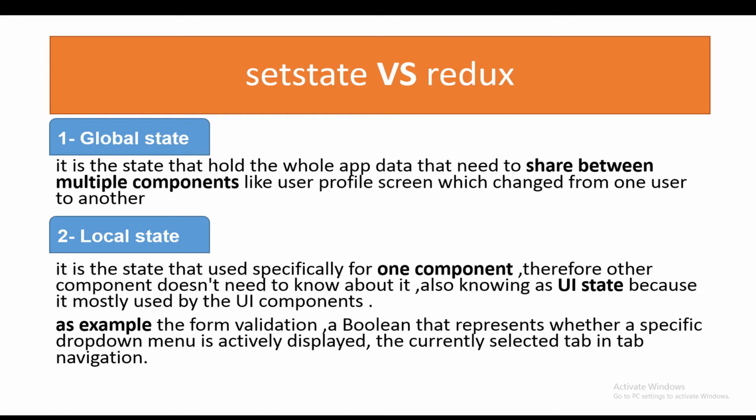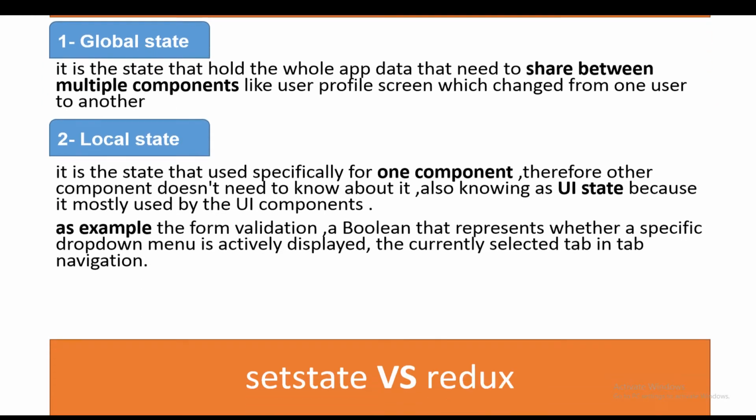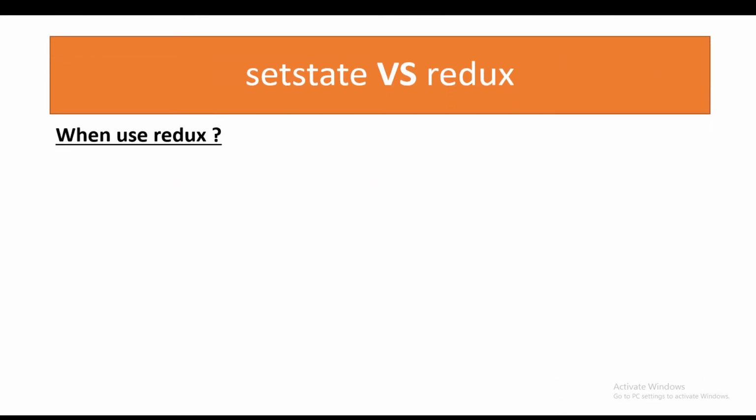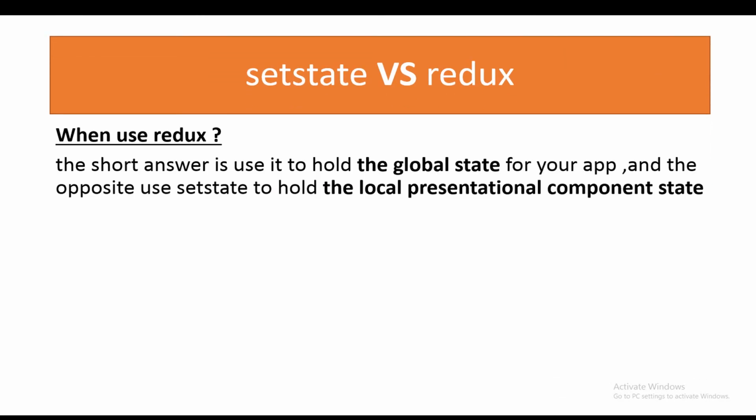For this, we use Redux for the global state, and setState, which is built into React Native, is the local state that we can use for one component. Again, the short answer is to use Redux to hold the global state for your application, and the opposite, use setState to hold the local, presentational component state.